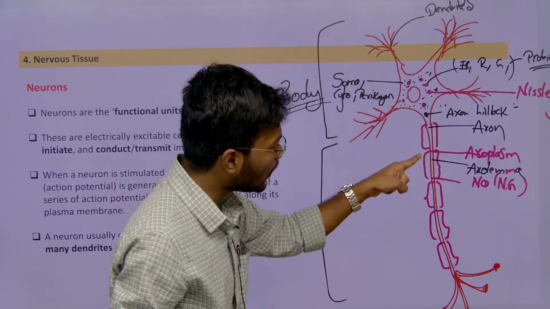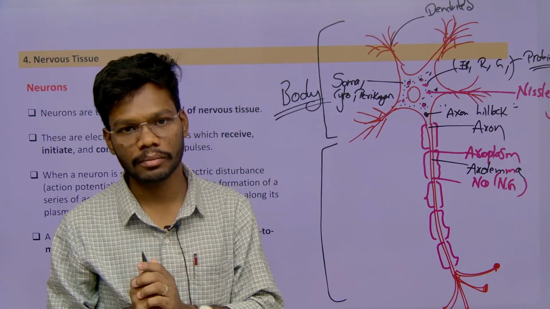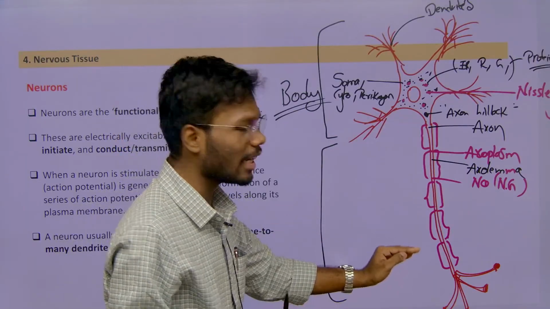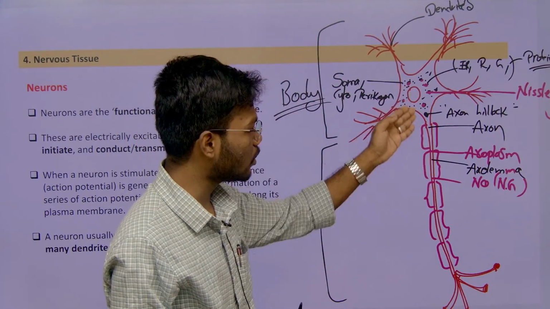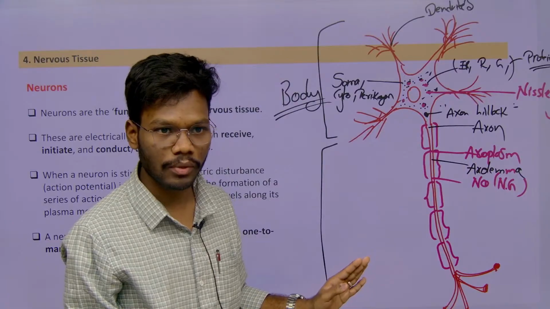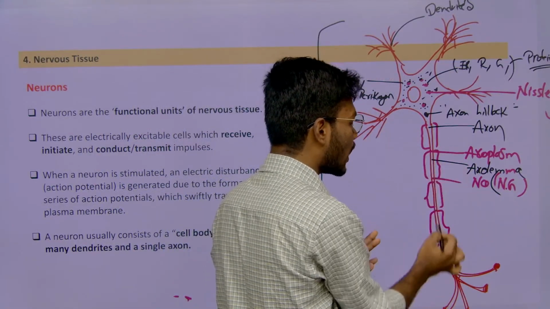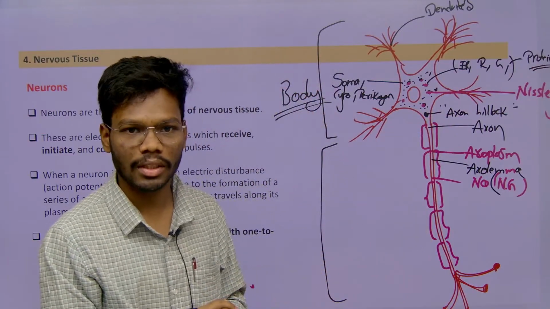Why? This entire axon is responsible only for conduction, only for transmission of the nerve impulse. Here we don't require any protein synthesis, only transmission of the nerve impulse and of these neurotransmitters. So that's why there will be no Nissl granules here, only conduction takes place. Only the cell body will have Nissl granules, right?